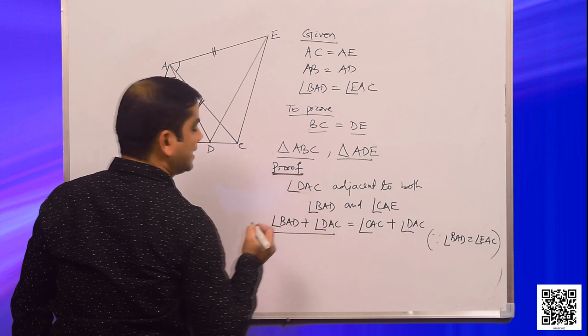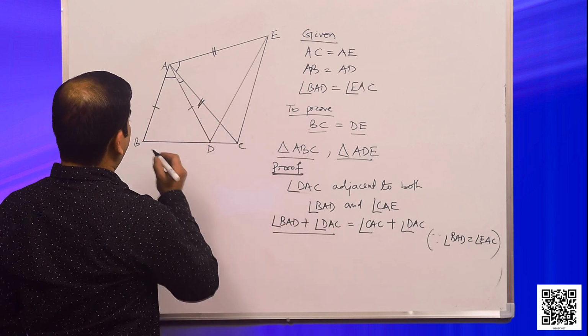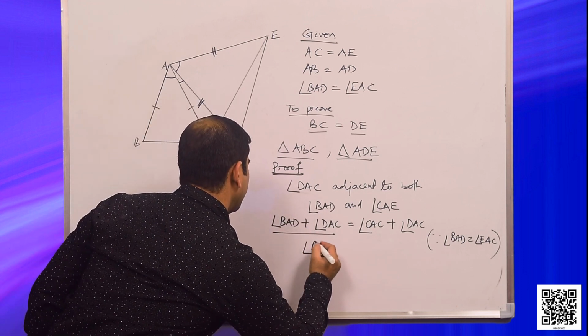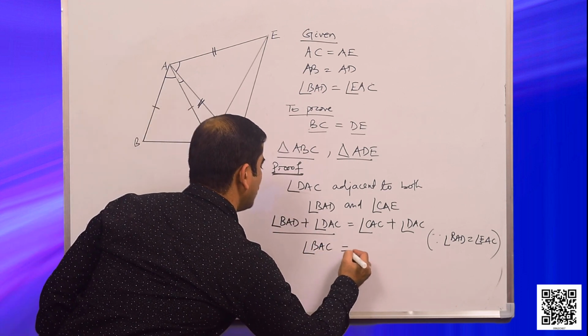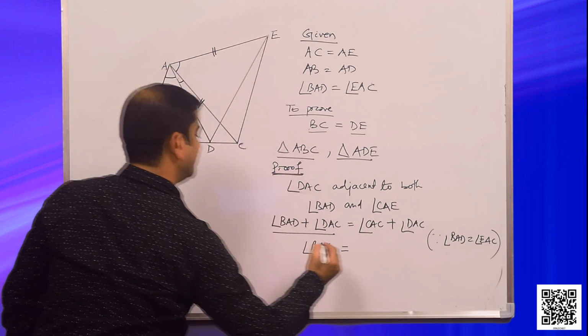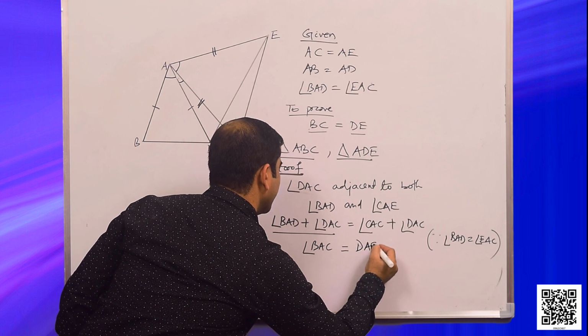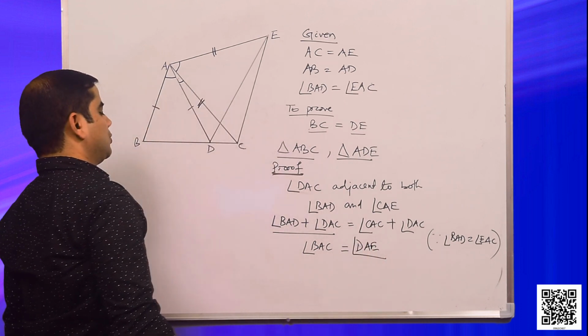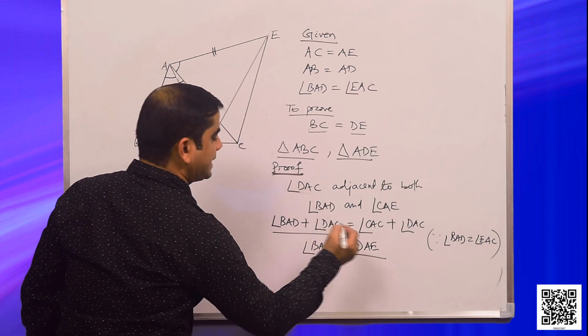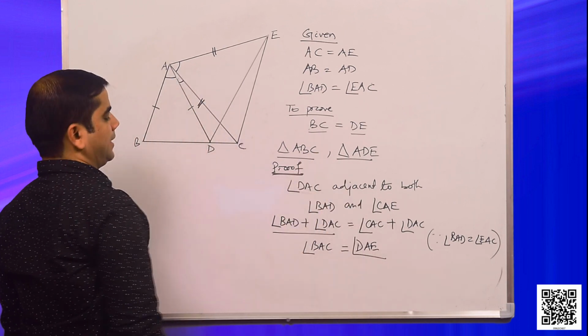So, when we add these two angles, we get angle BAC. That means angle BAC is equal to angle DAE.